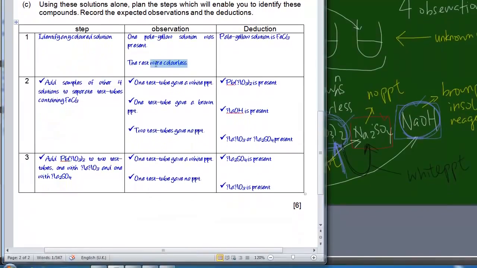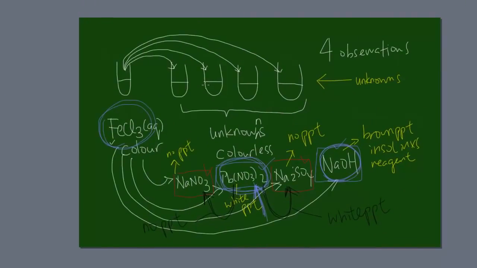The rest are colorless, so you cannot do any deduction. Then you will add samples of the other 4 solutions to separate test tubes containing FeCl3. Can you see the arrows here?